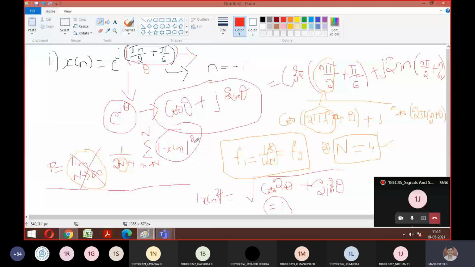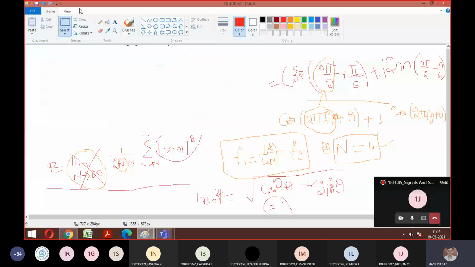Yes. So now try to implement that in the formula and tell me what the power is. Since we proved capital N is equal to 4, don't apply the limit. It is not infinity now. So now power is equal to 1 divided by 2 into N plus 1, where N is 4, so 2 into 4 plus 1.